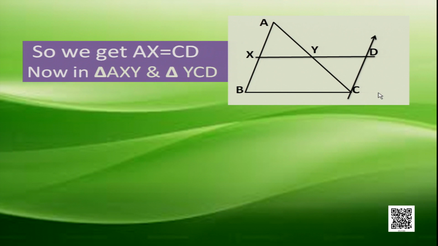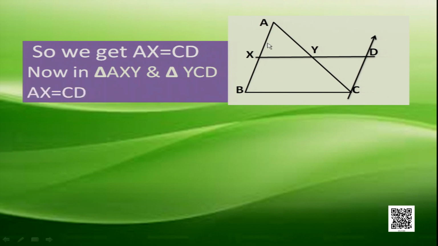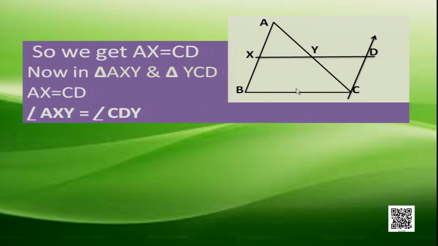So, in triangle AXY and triangle YCD, AX is equal to CD, and angle AXY is equal to angle CDY. These are alternate interior angles, as AB and CD are parallel and XD is the transversal.